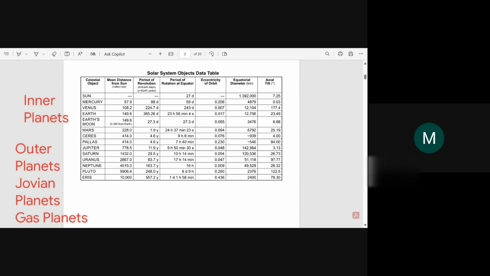The answers might be there, whether it's any type of data, the relationship between the distance from the sun and the period of revolution, or just the characteristics of the planets in terms of their rotation or equatorial diameter. It's right here, so use this to your advantage.